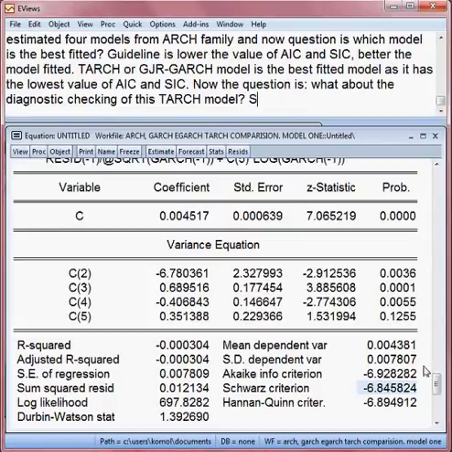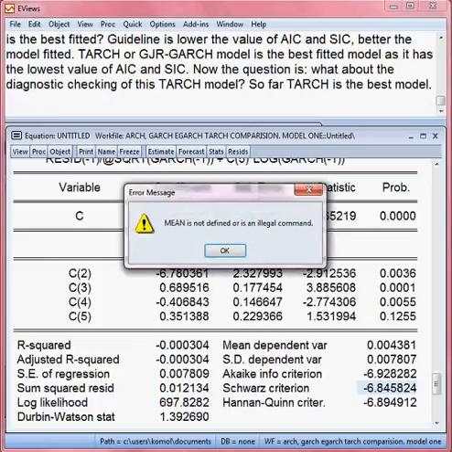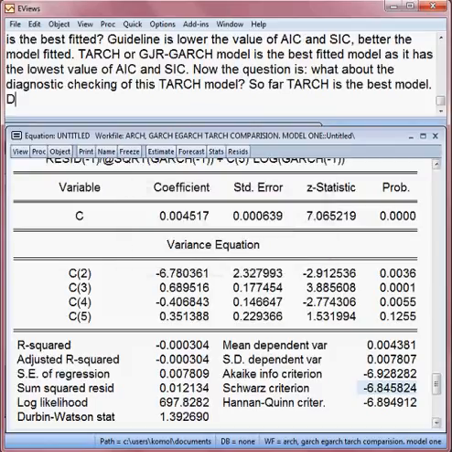Okay, so far TARCH is the best model because it has the lowest value of AIC and SIC. Now the question is whether this TARCH model has fulfilled all the conditions or not, meaning the diagnostic checking that we shall do now.